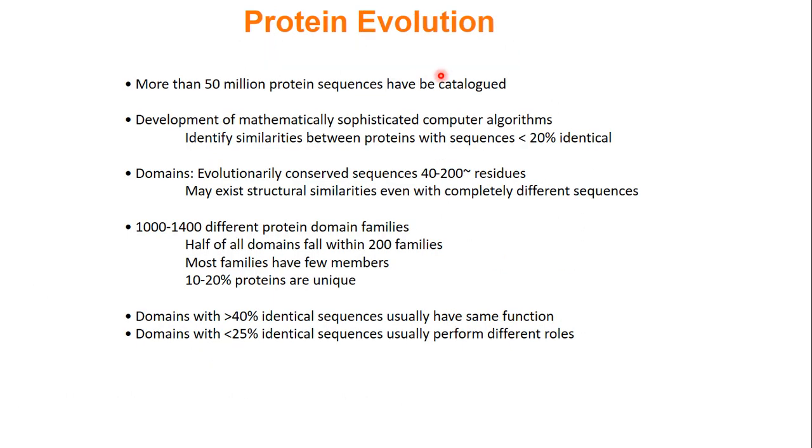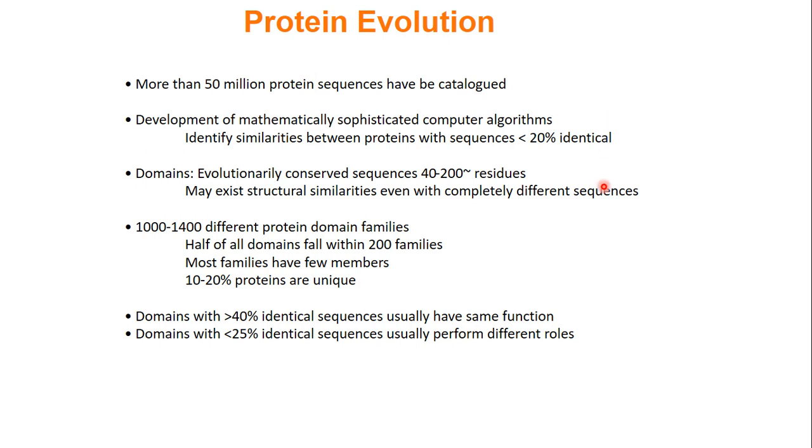Now, talking about protein evolution, scientists have sequenced over 50 million proteins now and have put those online. And using computer algorithms, we can now tell how related proteins are. Even if their sequence is less than 20% the same, these algorithms can still look at similarities between proteins.